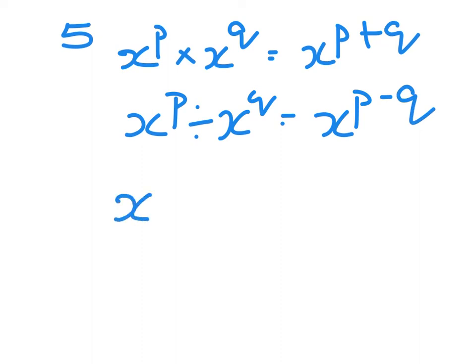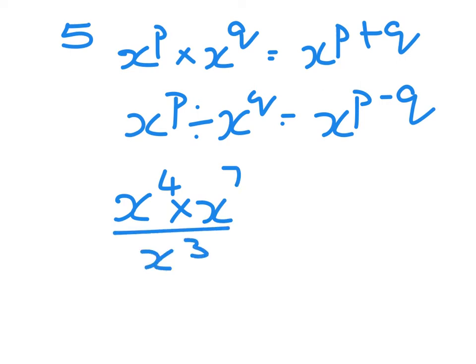So when we're doing the example x to the power 4 times x to the power 7 over x to the power 3, then we know what we're going to do with the powers on the top, we know what we're going to do with the power on the bottom, and that should then give us the answer as x to the power, well, you can work that out.